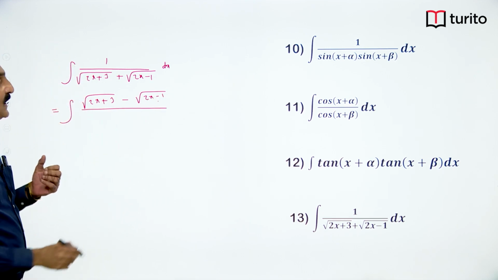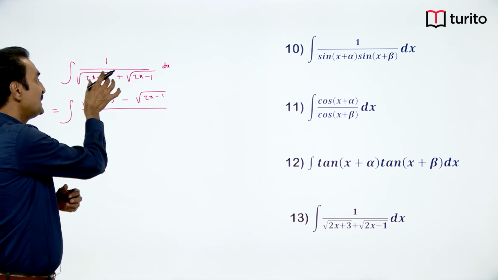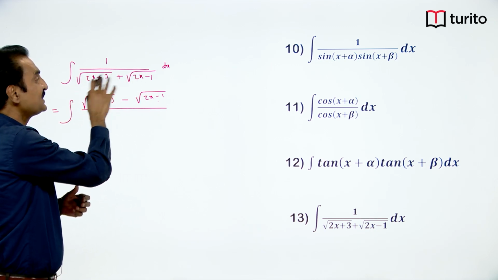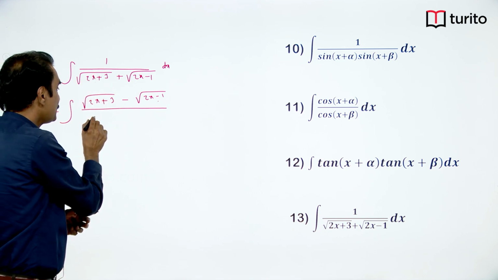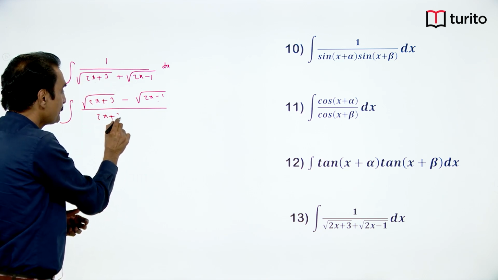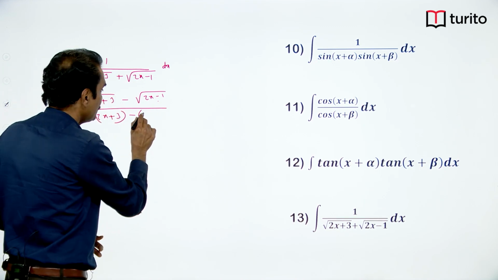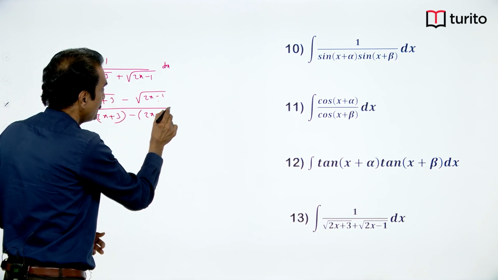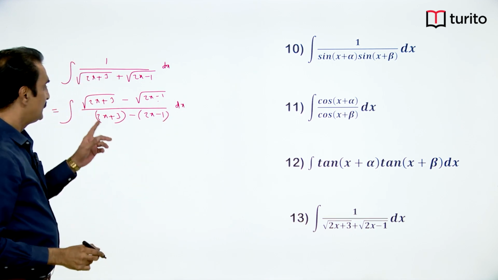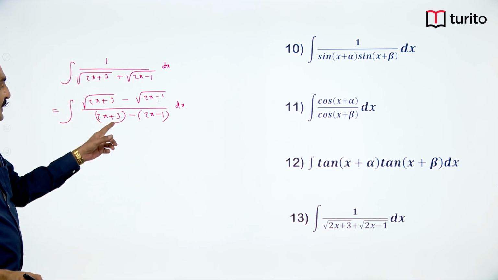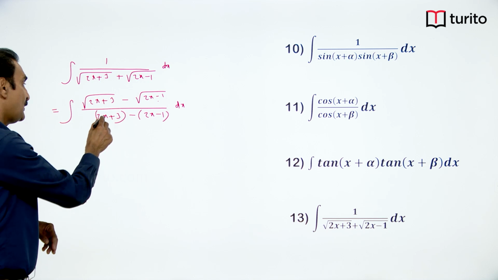What will you get in the denominator? This plus this into this minus this will be a square minus b square. This square 2x plus 3 minus 2x minus 1. And what will we get? Denominator will be 4. 2x cancels.